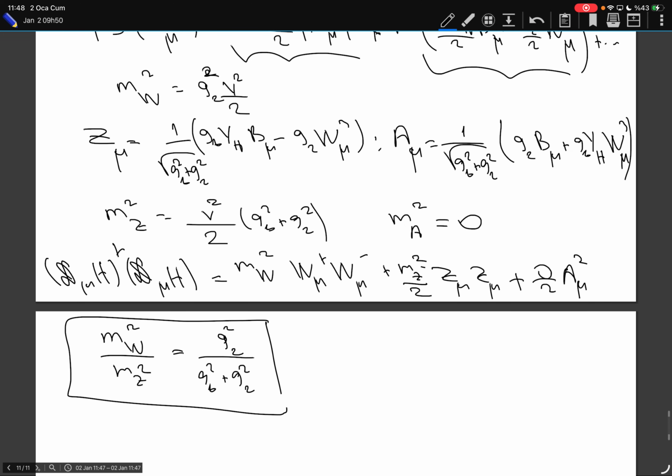Now let me also look at these interactions. Let me define. You see here, A mu is G2 over square root of G1 squared plus G2 squared B mu plus G1 YH over the same square root omega mu 3.